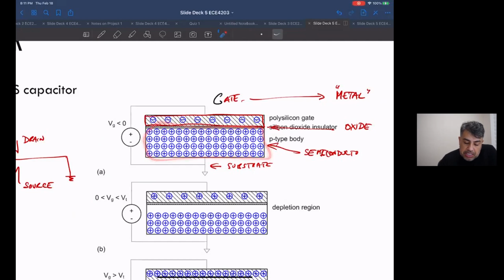So these things rush to the surface, and nothing else happens. You have minus on one side, plus on the other side. It looks like a capacitor, with the thickness of the silicon dioxide setting the capacitance per unit area.